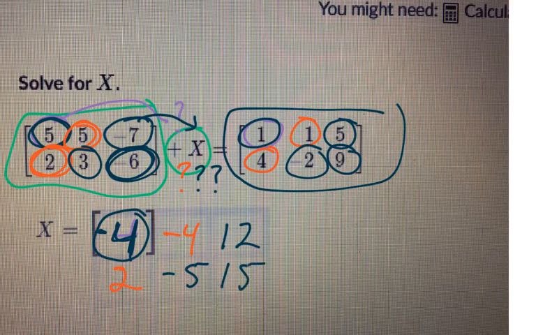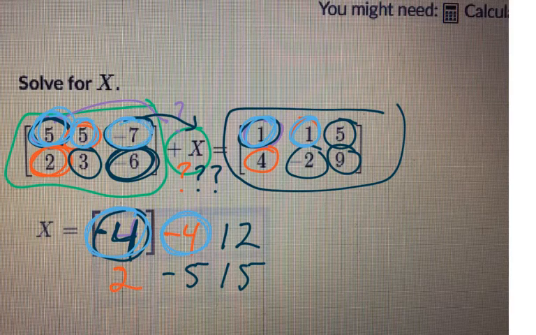That's positive 15. Now guys, just follow the, let's say, blue. I think it'll show up good enough. Do you agree that if I take 5 and a negative 4, I get a 1? Again, if I take 5, a negative 4 again, I get that 1. If I take negative 7 and I add 12, don't I get 5?